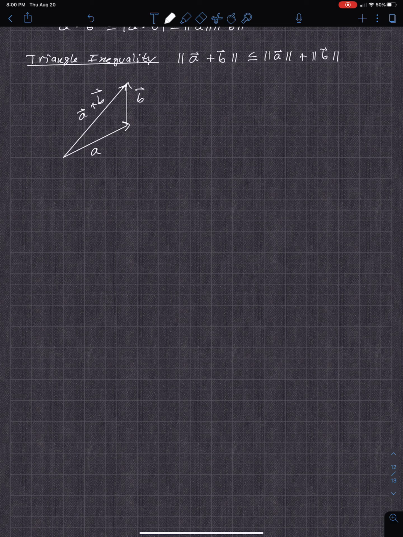It's an inequality we often see and use a lot, so I always want to prove this one. Let's take a look at the proof. You start off with the square of the magnitude of A plus B, and then rewrite that as a dot product, using the properties we just talked about.